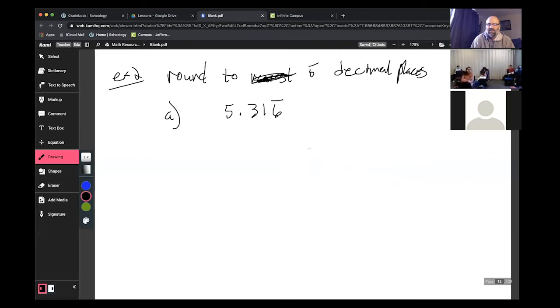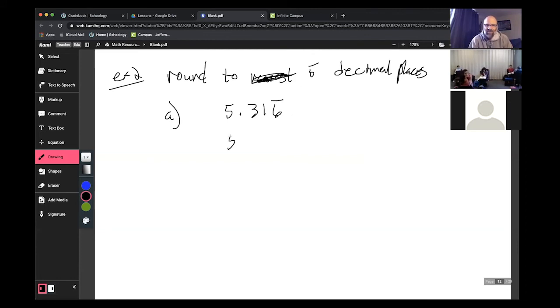Okay, so if I round to 5 decimal places, I need to go 6 decimal places, because to round to a decimal place, you need to see what the next one is, because that next digit tells you whether to round up or keep it same. Remember, 5 or above, give it a shove, 4 below, keep it low. But you're not looking at the 5th decimal place to determine that. You're looking at the next one.